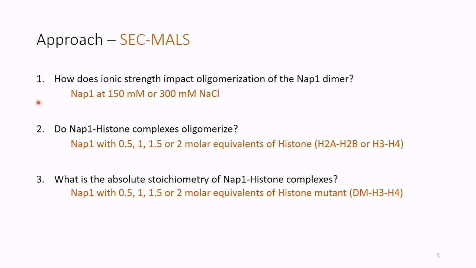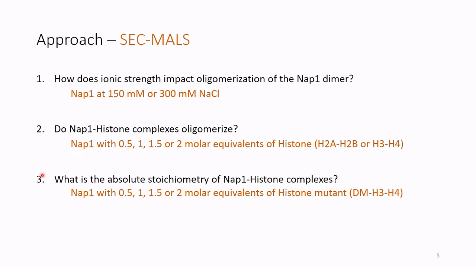We are going to answer our first question by performing SEC-MALS of Nap1 at two different salts, 150 and 300 millimolar NaCl. To study the Nap1 histone complex oligomerization, we are going to titrate histones H2A, H2B, or H3H4 to our Nap1 and then process our data.